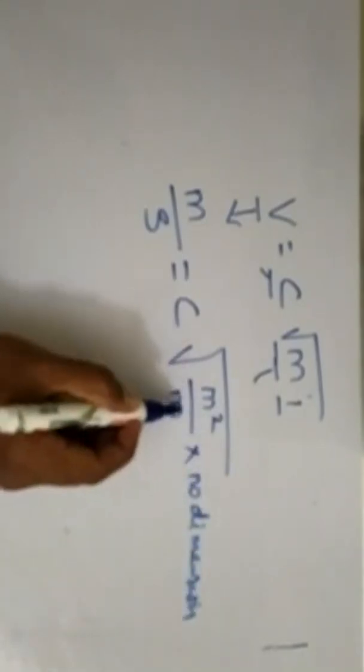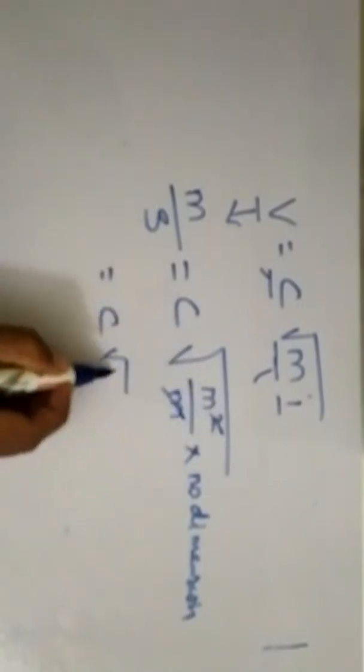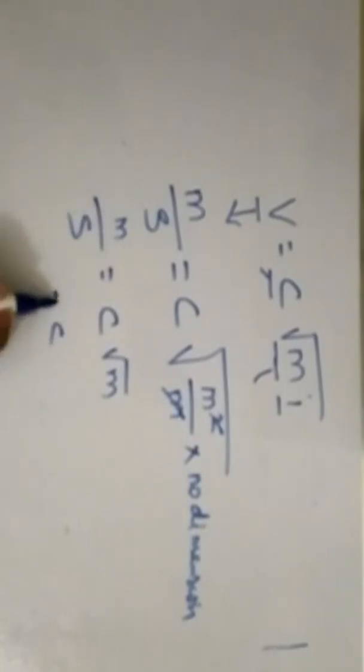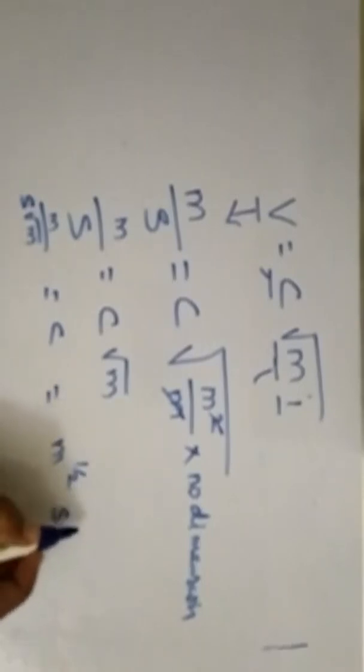So one meter cancels, and C into root M is meter per second. C is equal to meter divided by second into root meter. If I cancel, I get C is equal to meter to the power half, second to the power 1 by s.